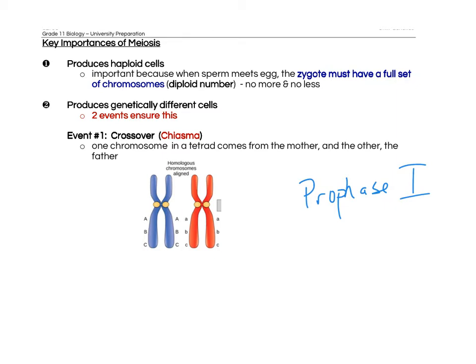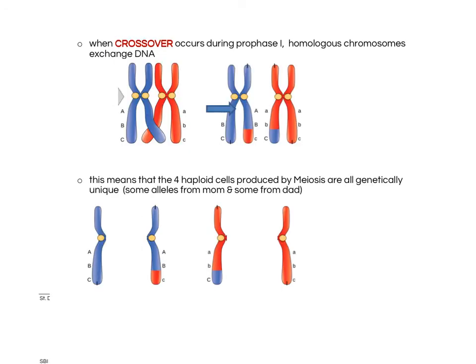Well, you probably remember from either your reading or the video that was suggested that you will have your homologous chromosomes aligned during prophase 1, and what will happen is that you will see the chromosomes in that tetrad. So, tetrad meaning 1, 2, 3, 4 chromatids. That will cross over and then exchange genetic information.